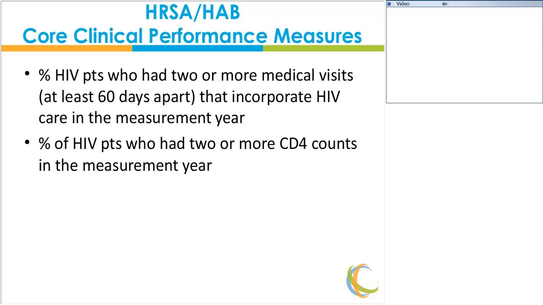One is the percent of HIV patients who had 2 or more medical visits that incorporate HIV care during the measurement year, and another is the percentage of HIV patients who had 2 or more CD4 counts in that particular measurement year.